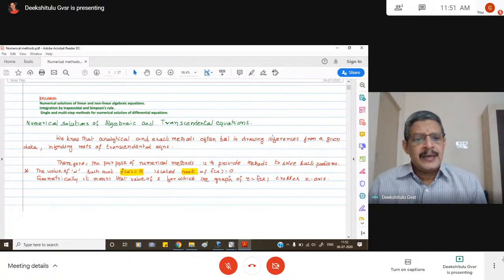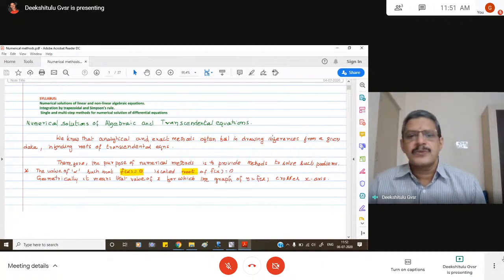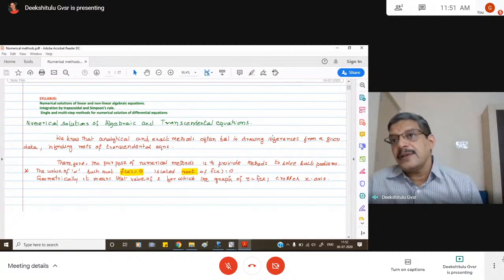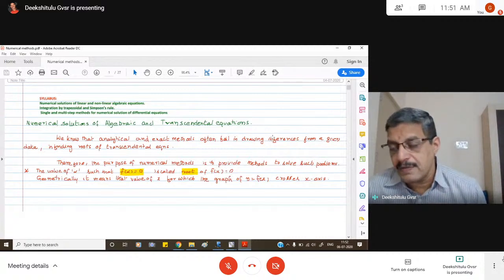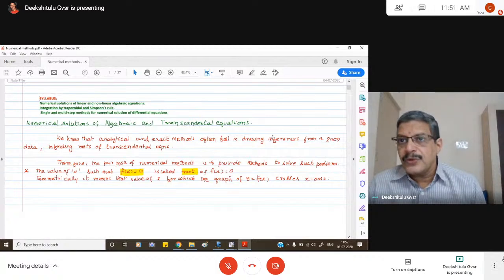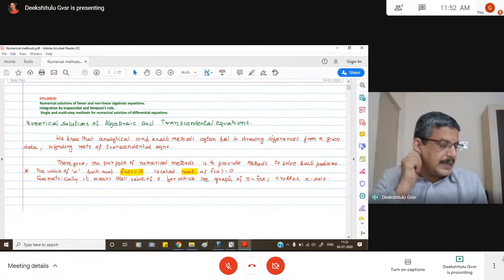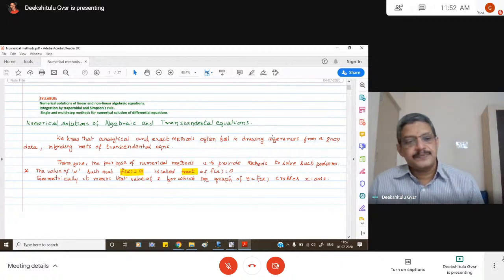They give exact roots, but they often fail in finding roots of transcendental equations. As far as algebraic equations are concerned, they do an excellent job, but for transcendental equations you cannot state the roots by any exact or analytical method. We need the help of numerical methods.